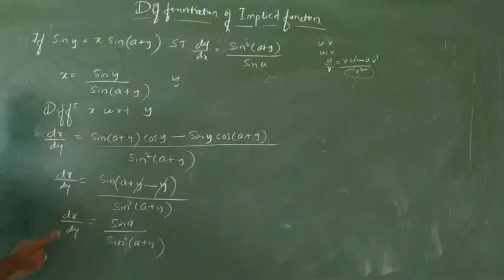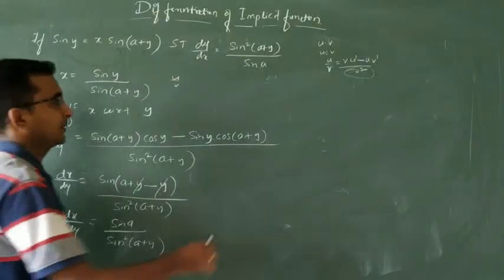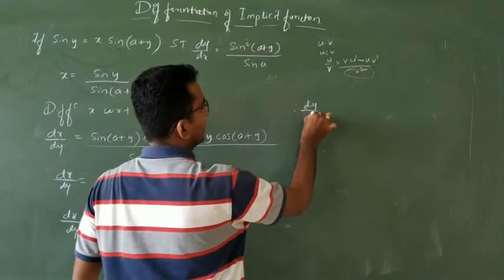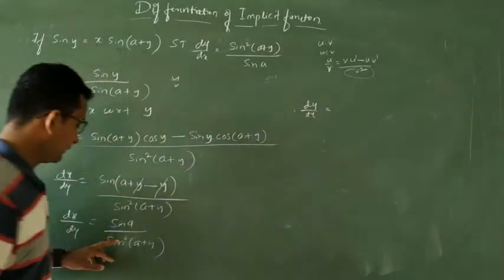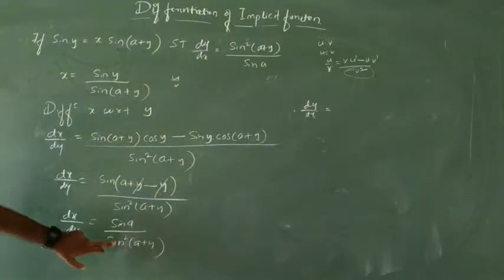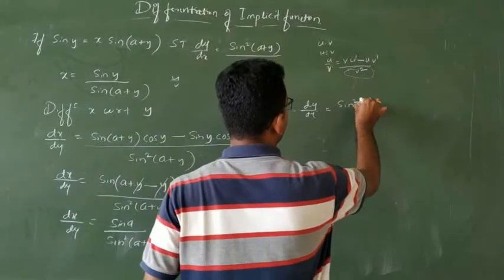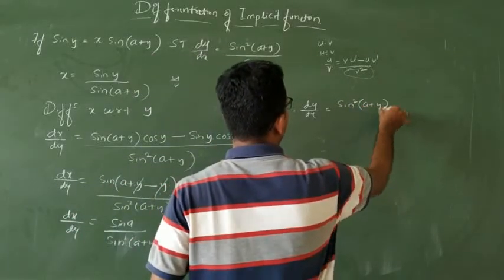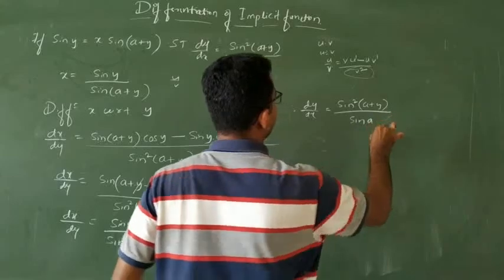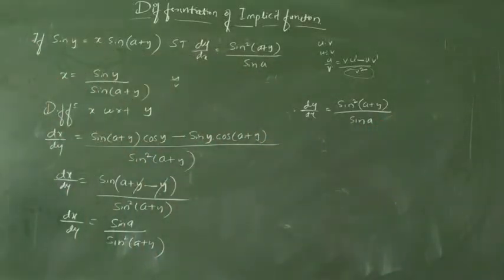Note, this is dx by dy. Take it upside down, then what happens, the numerator term goes to the denominator and the denominator goes to the numerator. That is dy by dx is sin square of a plus y divided by what? Sin a. So many times this one also has been asked in the examination.